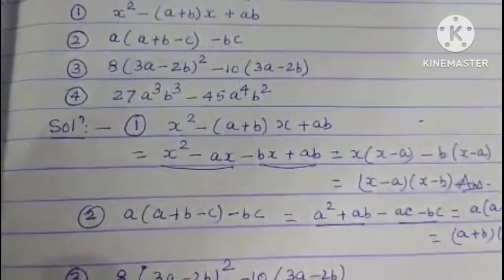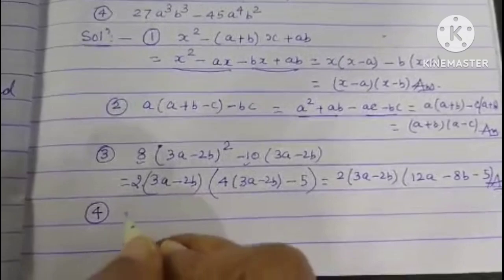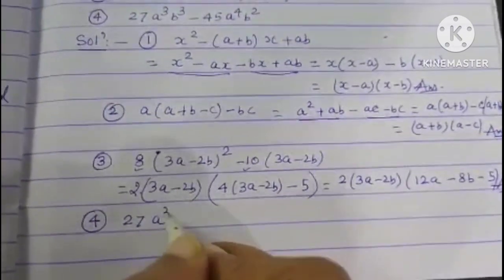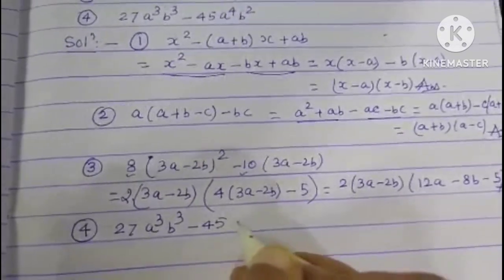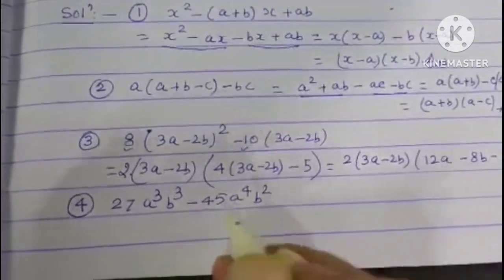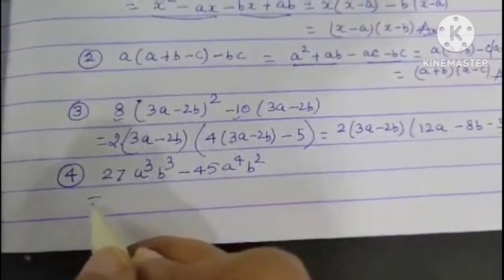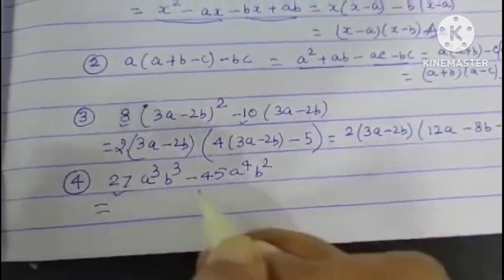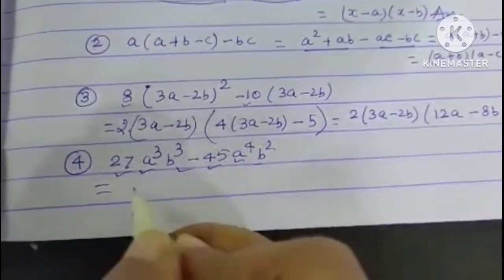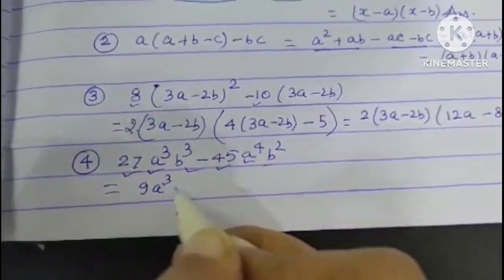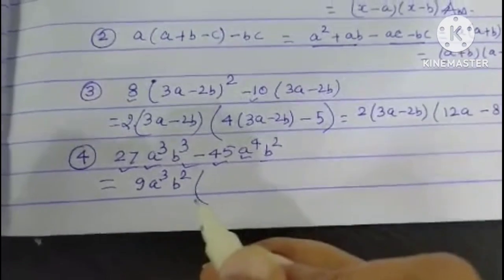Let us see the fourth one. 27a³b³ − 45a⁴b². Okay, we can take 9 common from these two, then a³ and b². So 9a³b² we can take as common.